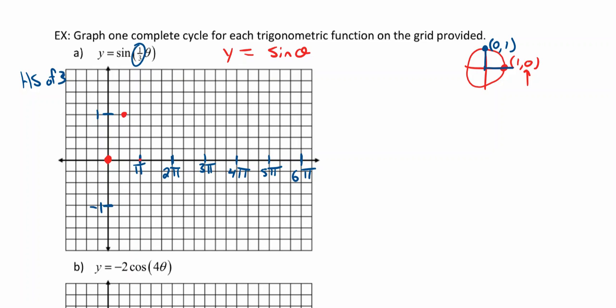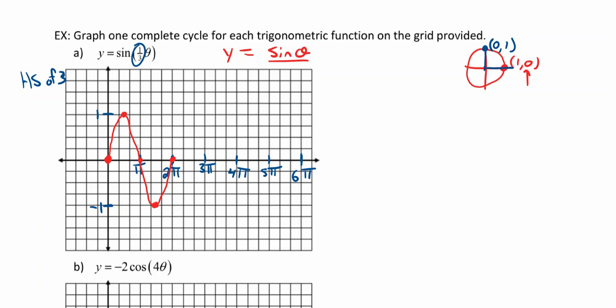And then it's going to come back down at pi. And then at 3 pi over 2, it'll be there. And then back up there, right? So that would be my one cycle for just the function sine theta, right?